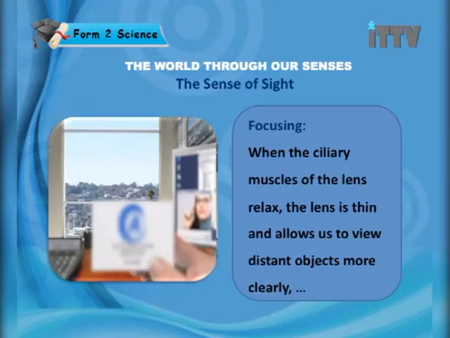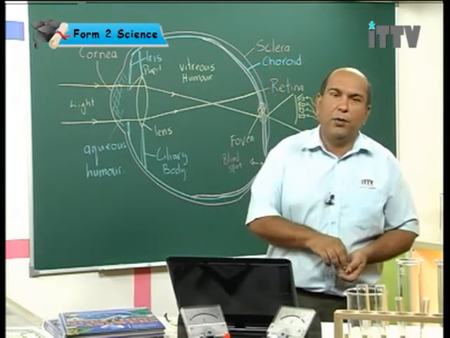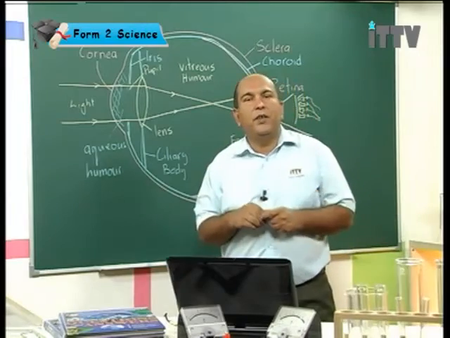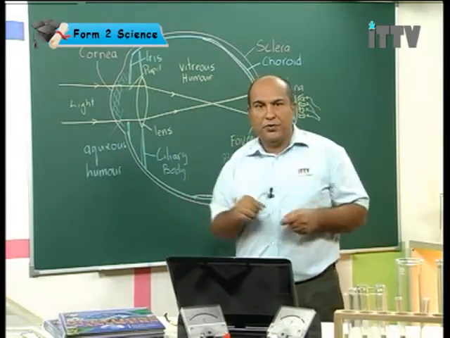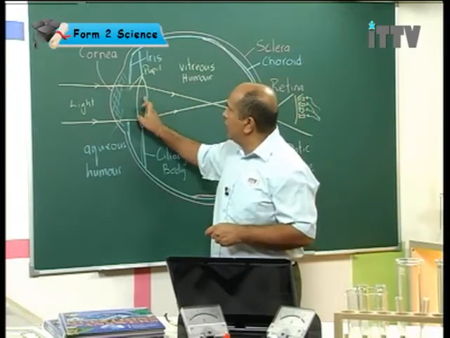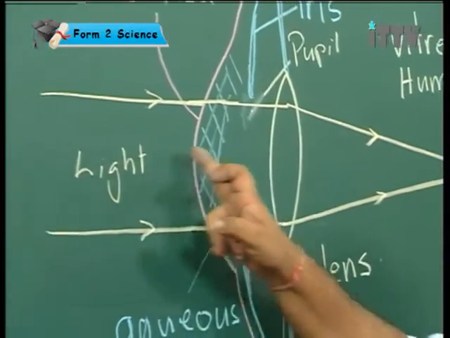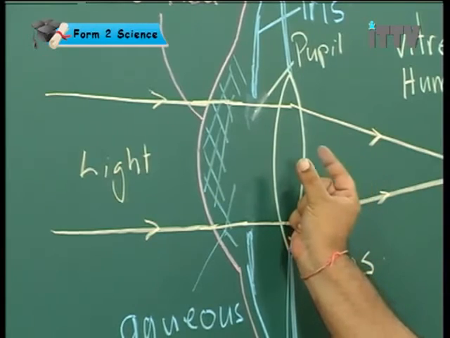Focusing. When the ciliary muscles of the lens relax, the lens is thin and allows us to view distant objects more clearly. So now we want to just talk about the lens for a quick moment in terms of its focusing ability. When we want to focus on distant objects, so whenever we are looking at something that's far away, the lens is going to be thin.